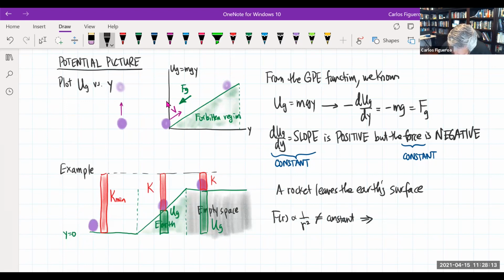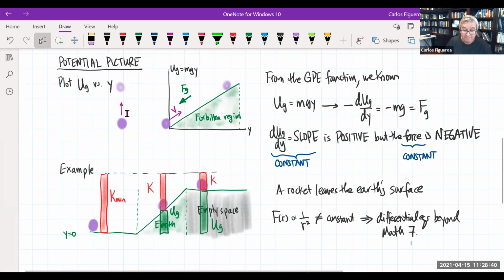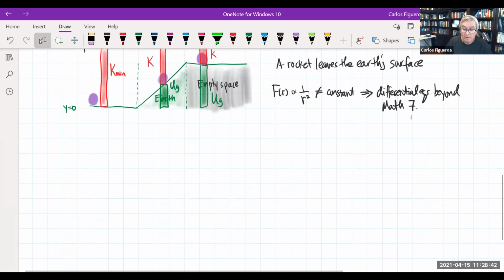So this requires now differential equations beyond Math 7. And Math 7 is the differential equations class at Cabrillo. But with the energy picture, what you see is exactly what you write. It's a very, very, very powerful image. So that's one way to think about it.